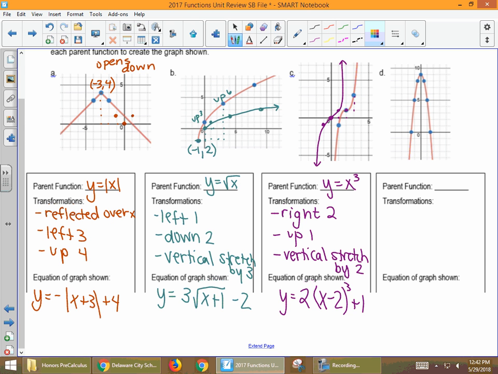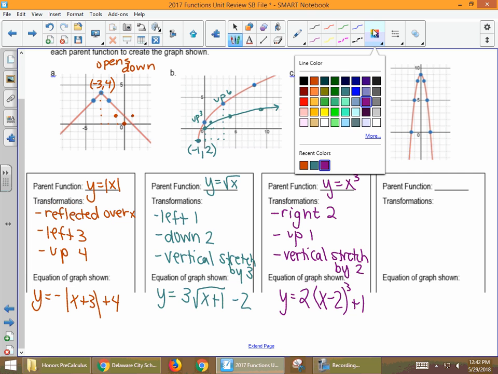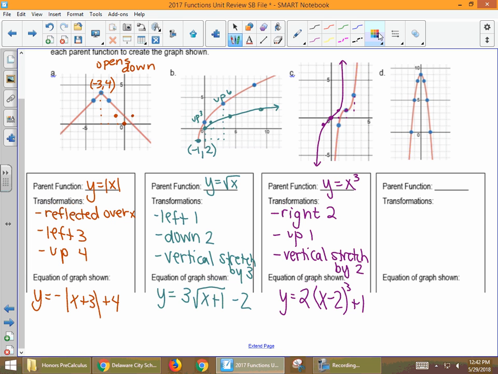Last one is our favorite little parabola. Everybody loves x squared. A lot of transformations going on here. X squared usually looks like this. So we've got a reflection over the x-axis to turn it upside down.